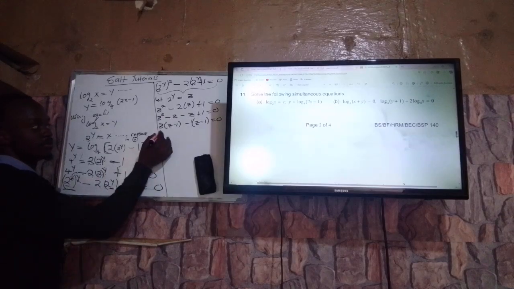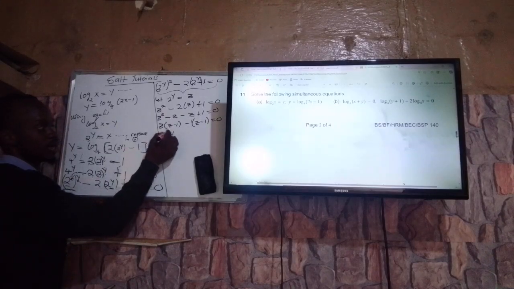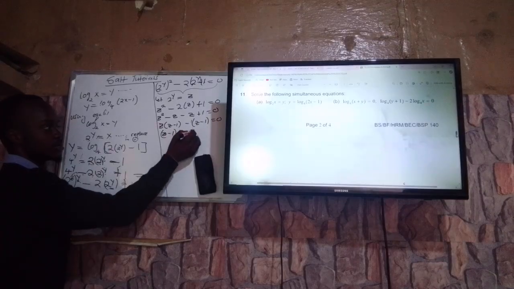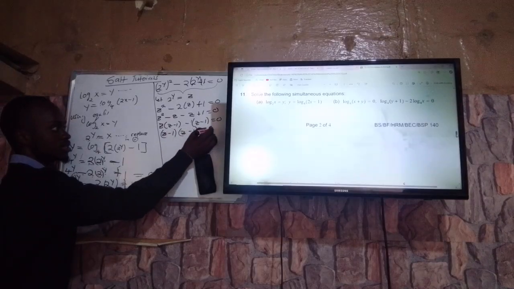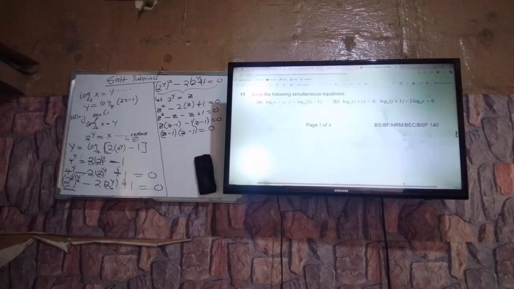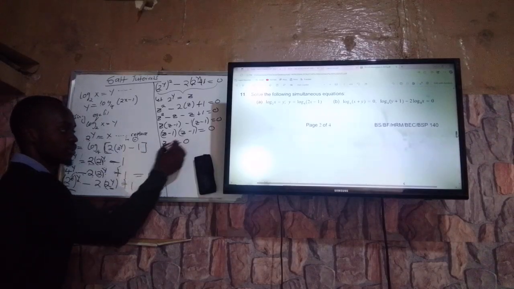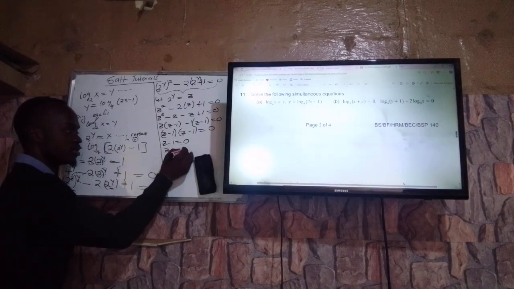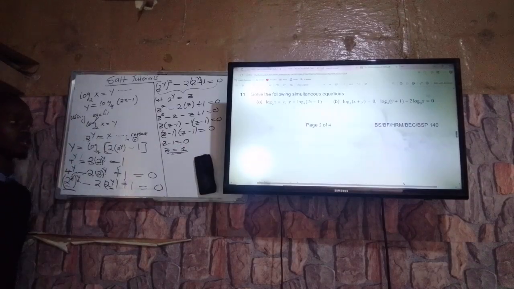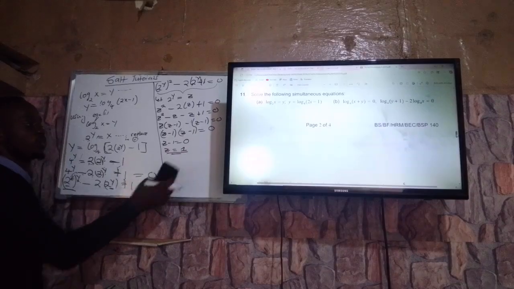So that we can have z minus 1 squared equal to 0. Am I correct? Yeah. So z minus 1 equal to 0, and the value of z is equal to what? A 1.